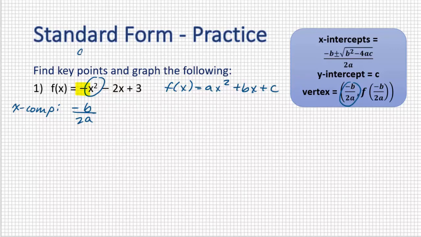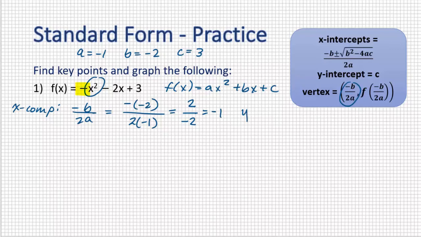To be very clear here, the value of a is negative 1, the value of b is negative 2, and the value of c is 3. This just helps us to fill in the blanks easily. So we have negative 1 times negative 2, all divided by 2 times a, or 2 times negative 1. So we have positive 2 in the numerator, negative 2 in the denominator, or negative 1.